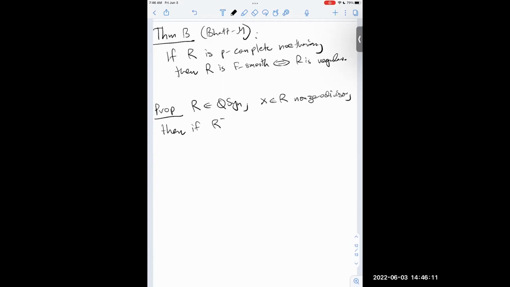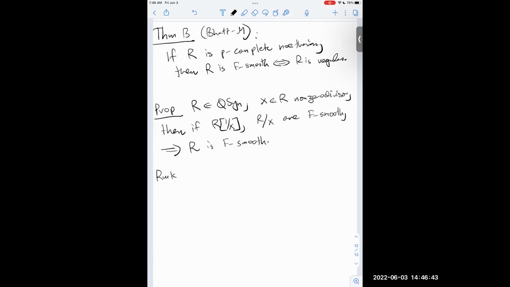If R adjoin 1 over x and R mod x are F-smooth, then the conclusion is that R itself is F-smooth. Right, I guess I should say that if we have a non-p-complete ring, we say that it's F-smooth if it has bounded p-power torsion and the p-completion is F-smooth. Okay, so this is a criterion for F-smoothness we proved.